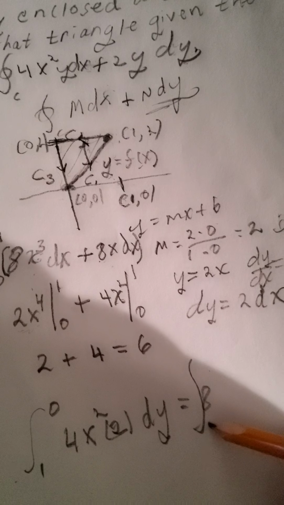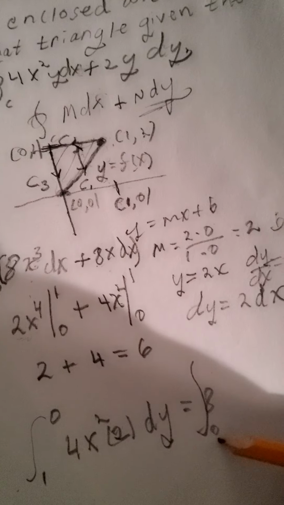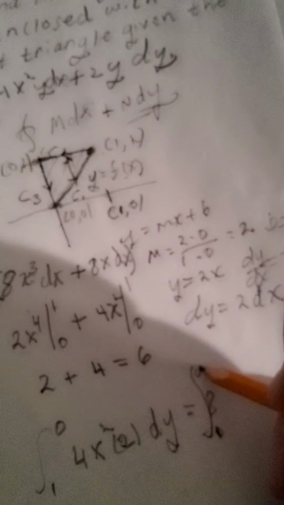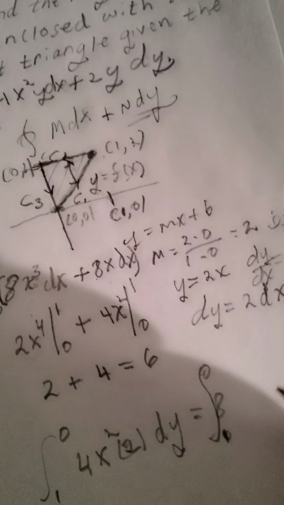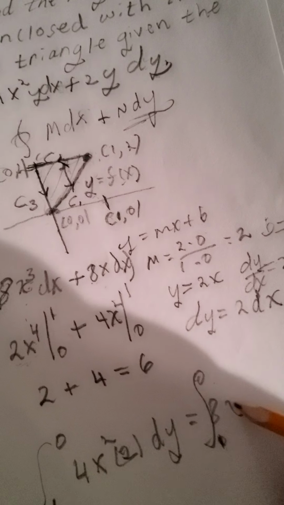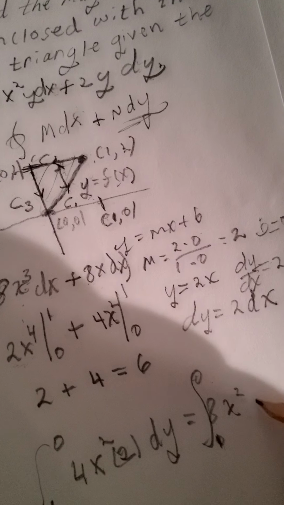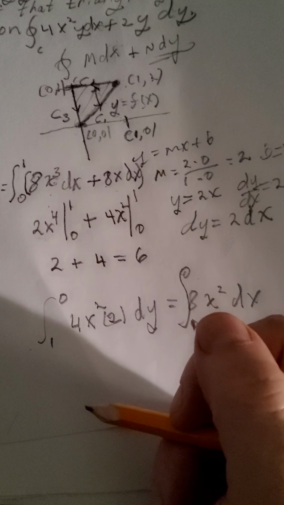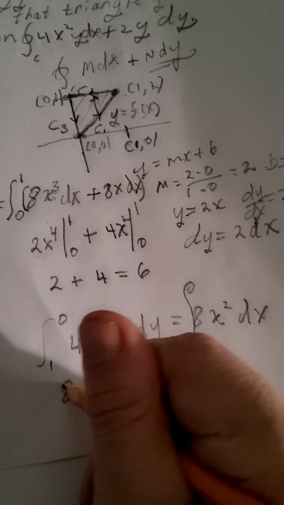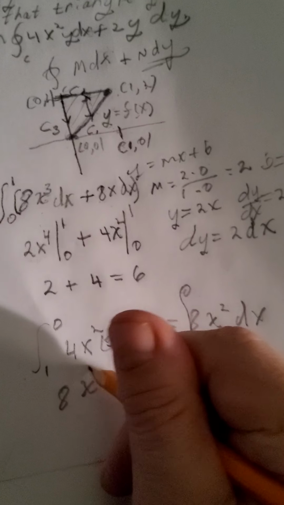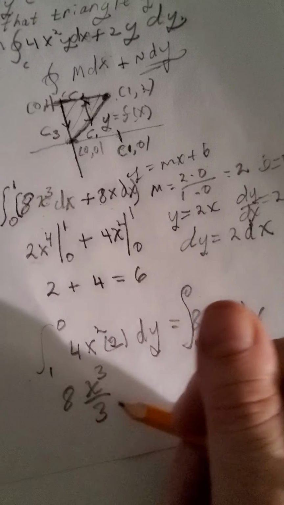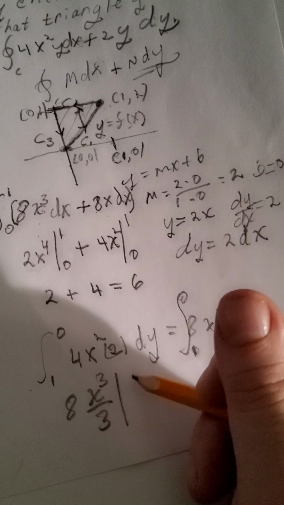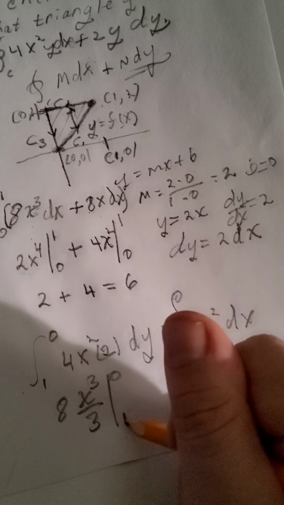You're going to integrate from 1 to 0 of 8x squared with respect to x. And then when you integrate that, you're going to have 8 times x cubed over 3 evaluated at 0 and then 1.